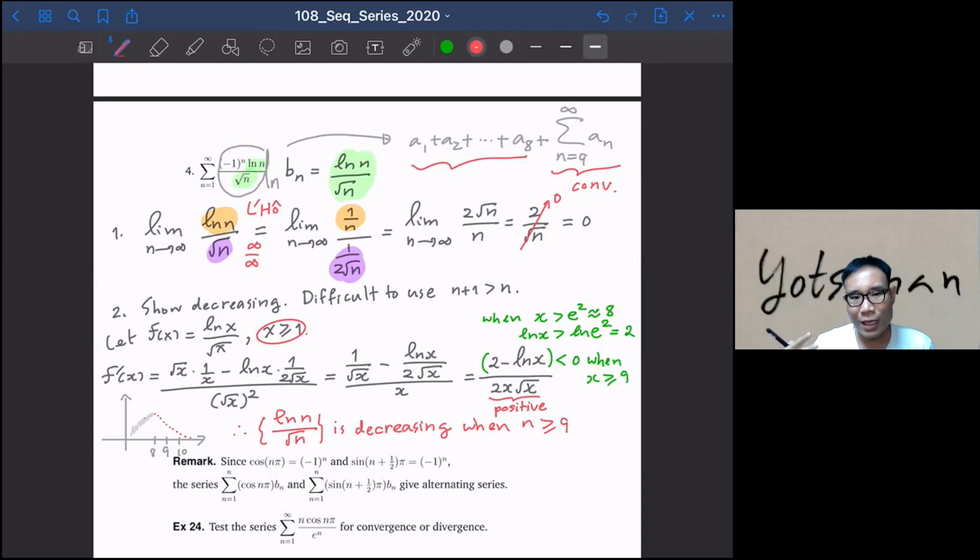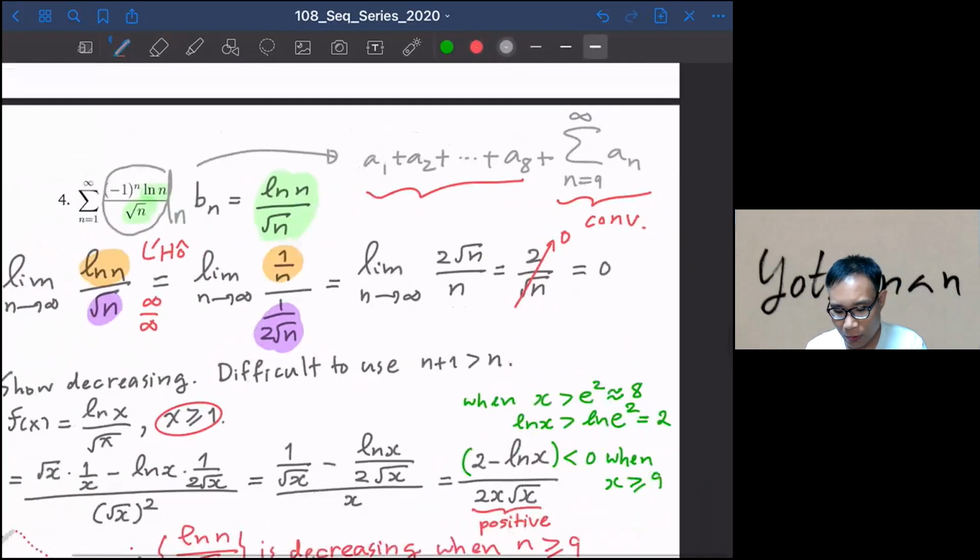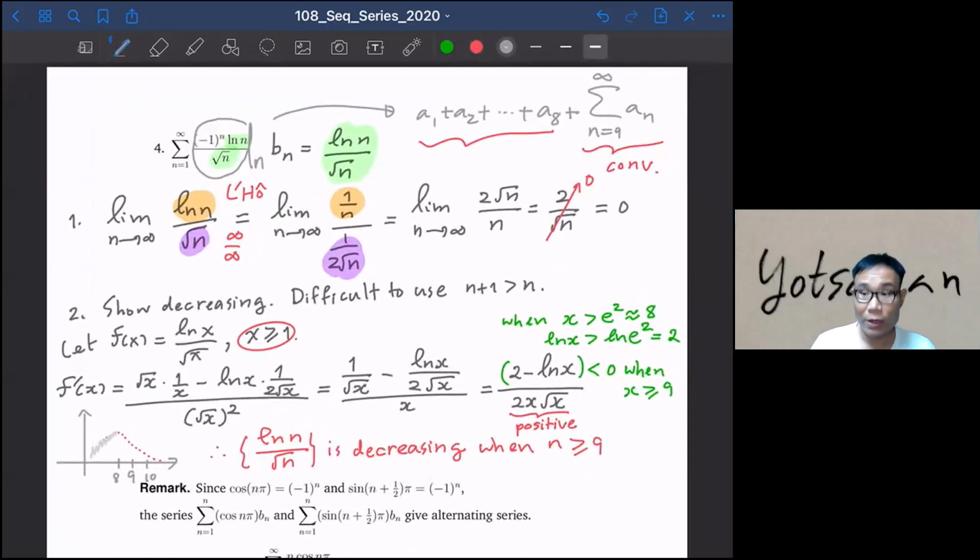So when testing for convergence, we can ignore the first finitely many terms, and we care only about where the sequence begins decreasing.